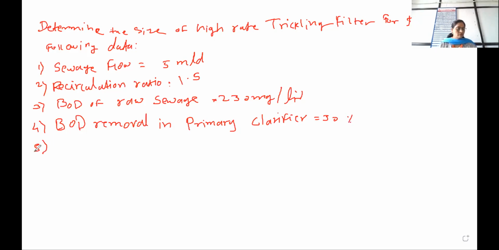Fifth one, final effluent BOD desired is equal to 25 milligram per liter.